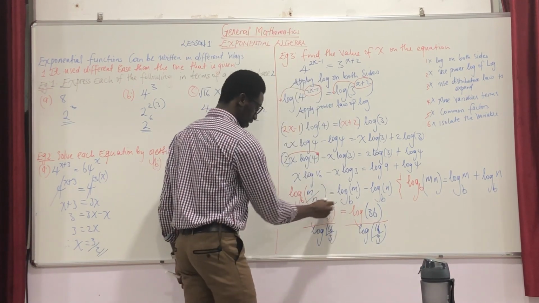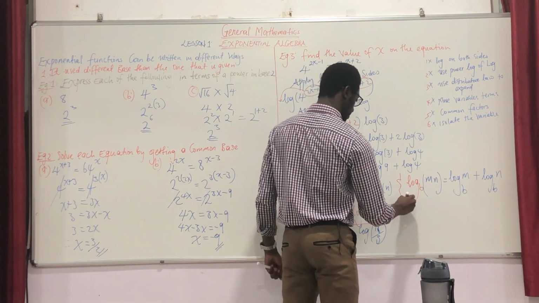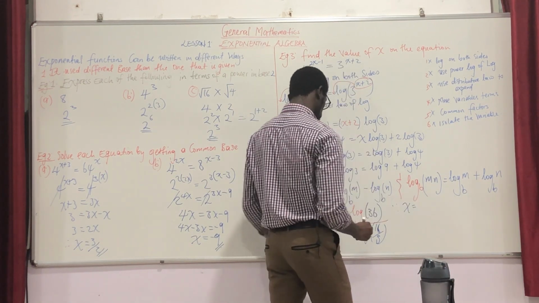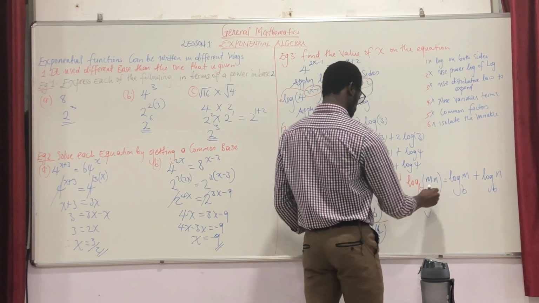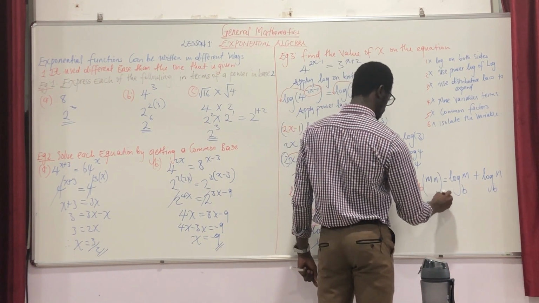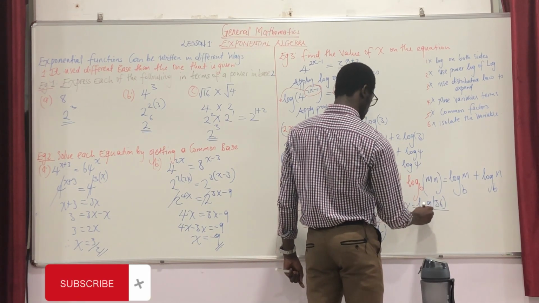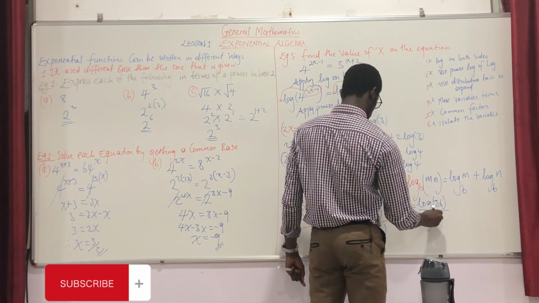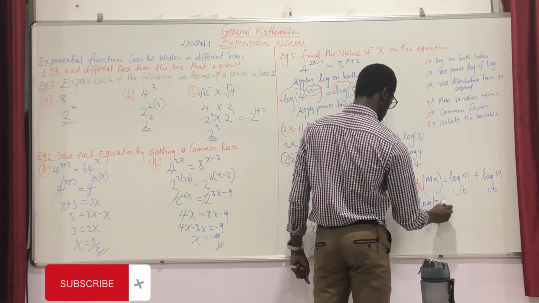So then we cancel this one here. Therefore, our x is equals to, here we say log of 36 divided by log of 16 over 3.